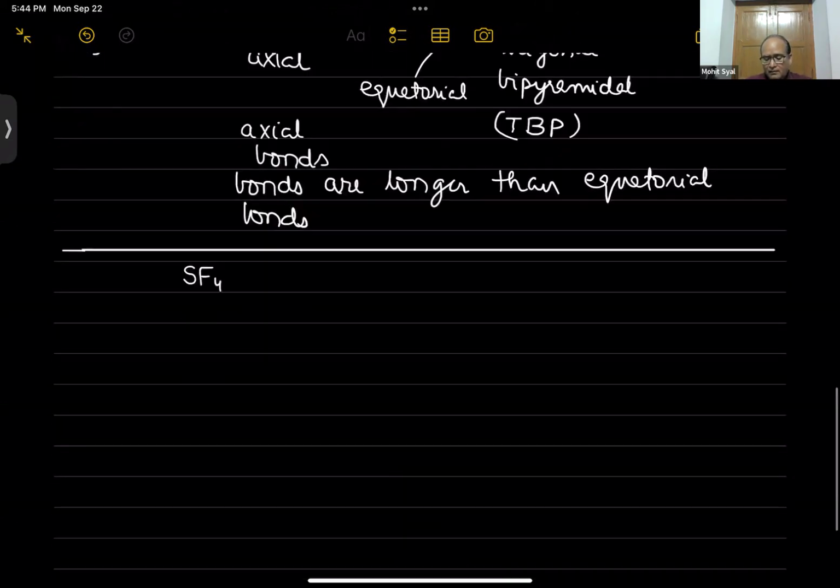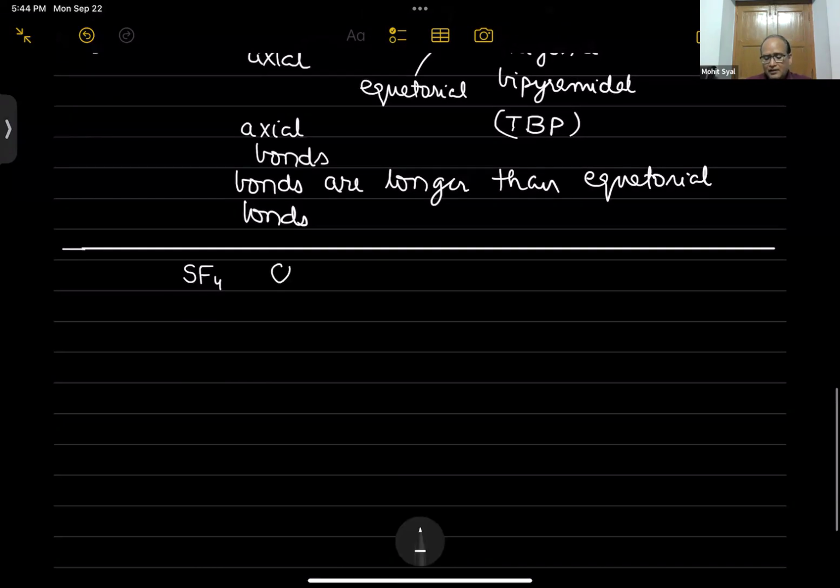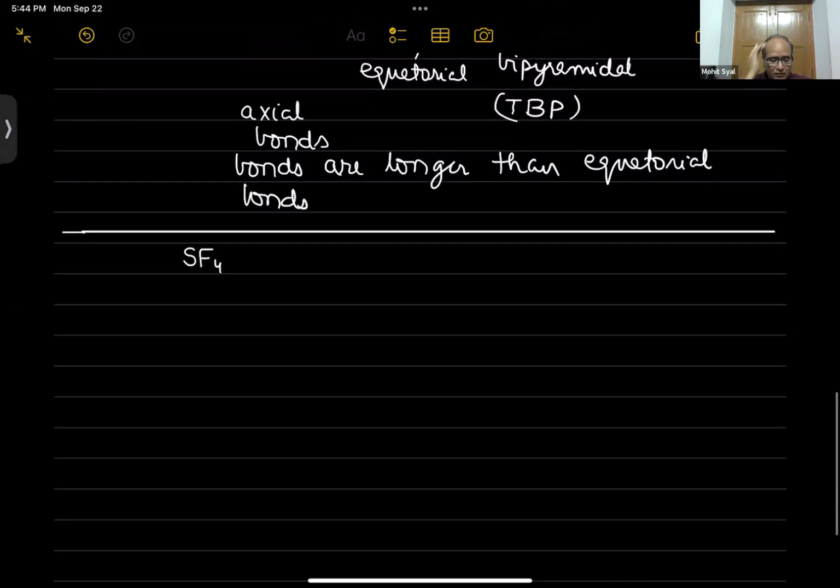Sometimes it appears like methane. CF4 and SF4, you need to check in advance, in detail, how many valence electrons the carbon is carrying. Carbon has 4 electrons. Before doing any question, always try to draw the Lewis dot structure. Sulfur has 6 electrons.